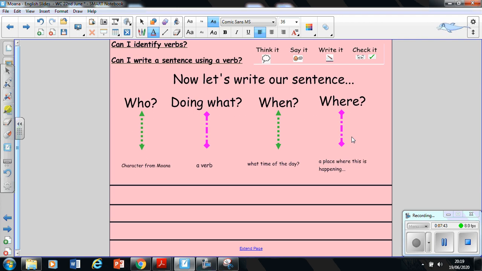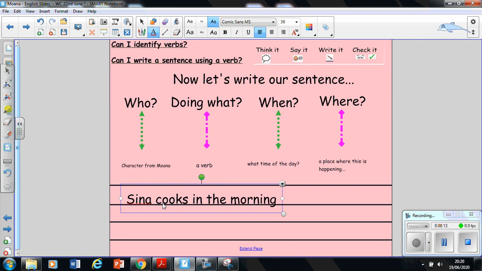But before you go, I want to show you my sentence. Okay, so I had Sina. Sina is Moana's mum, and the verb I got was cooks, and the when was in the morning.